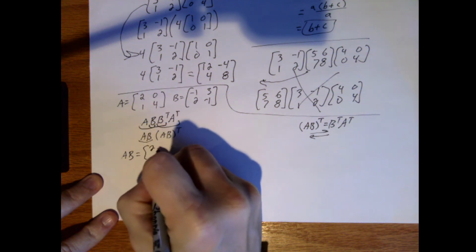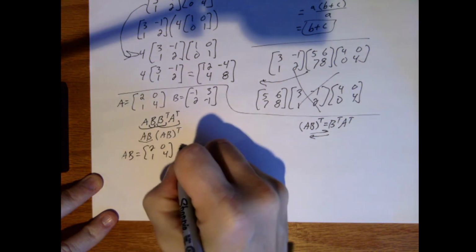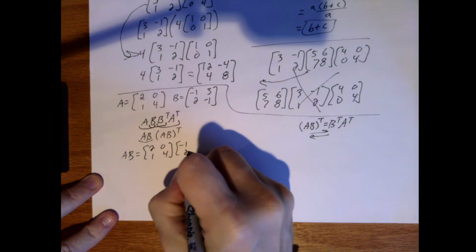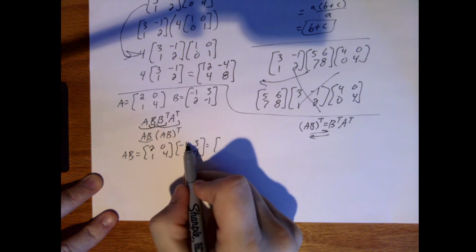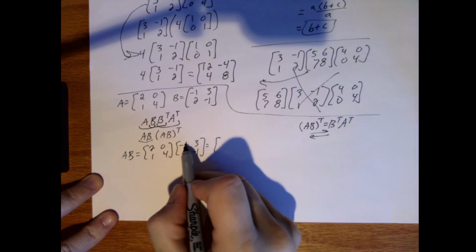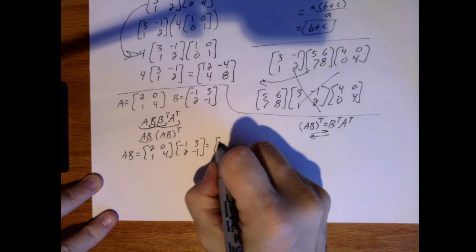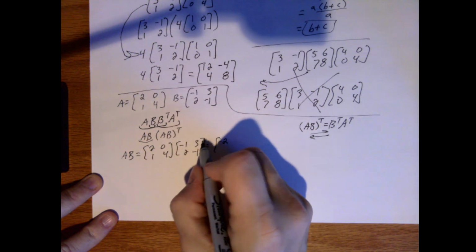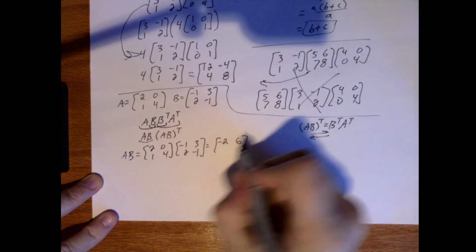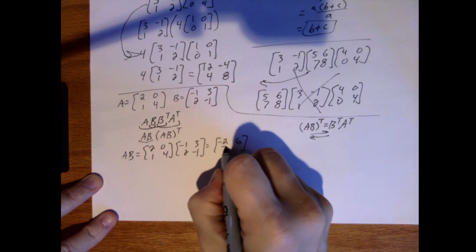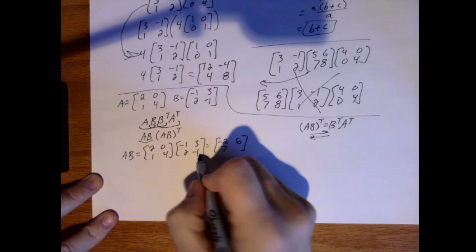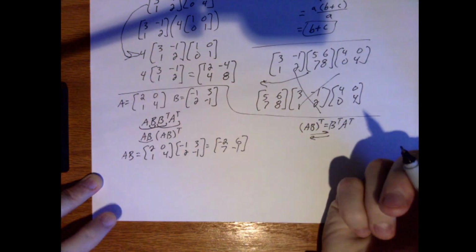So AB is this. So 2 times this is 0, or excuse me, it's minus 2 plus 0. We'll have 6. We have minus 1 and 8 is 7. And then we have 3 minus 4 is minus 1.